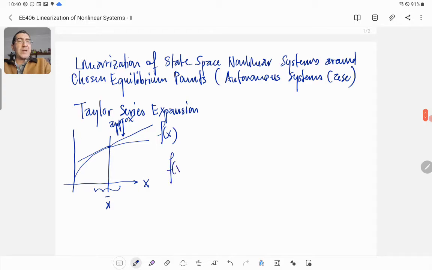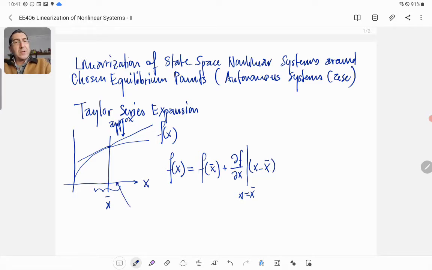So how is that expressed? f of x, this is an equality at this point, is the value of the function at x bar plus the derivative of f with respect to the independent variable evaluated at the same point, times how much you deviate from that point. So x minus x bar is this distance, and you want to evaluate this function over here.